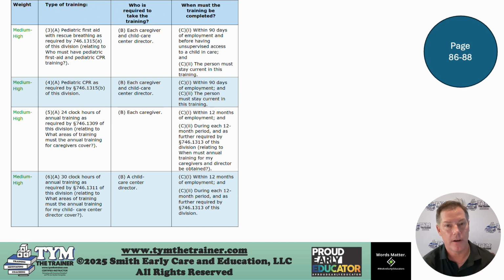The other difference here is that you can see that pediatric CPR has to be completed within the first 90 days of employment. Okay, so you can be placed in a classroom, you can be left alone with the children, you just have to get that CPR done within the first 90 days. So that's a little bit different than first aid. All right. You're also going to notice here that both pediatric first aid and pediatric CPR, you have to stay current.